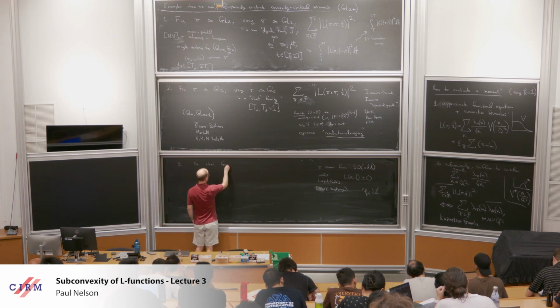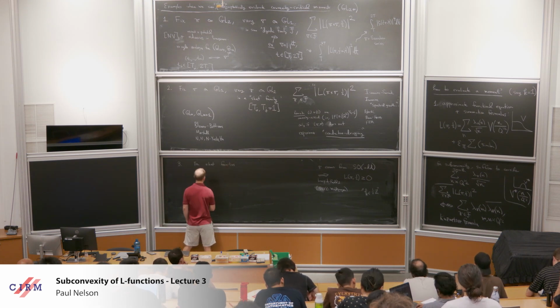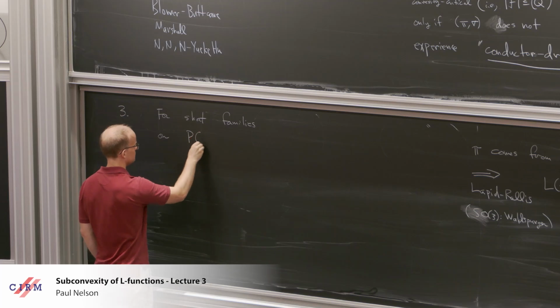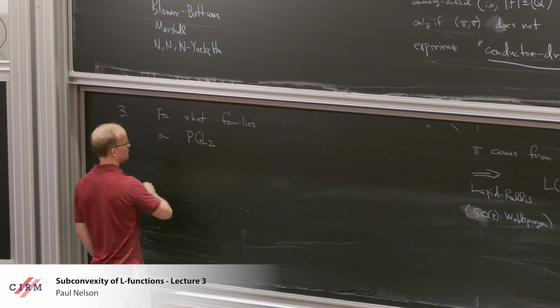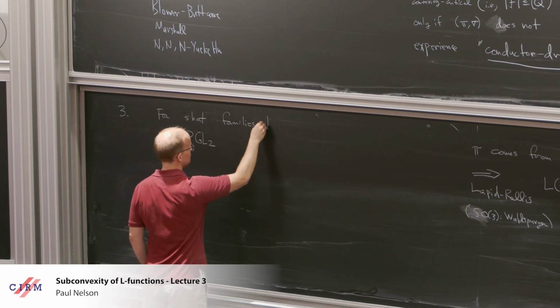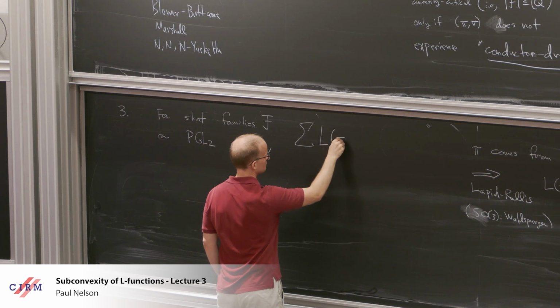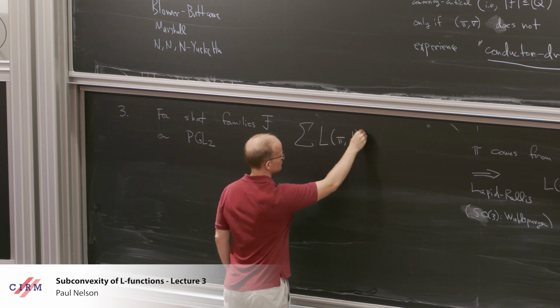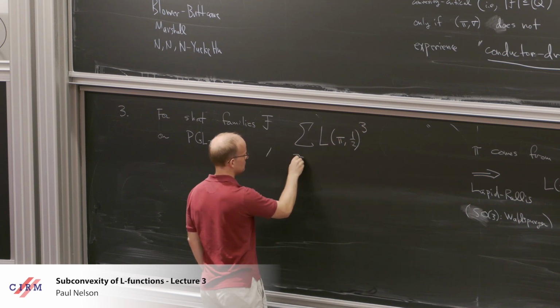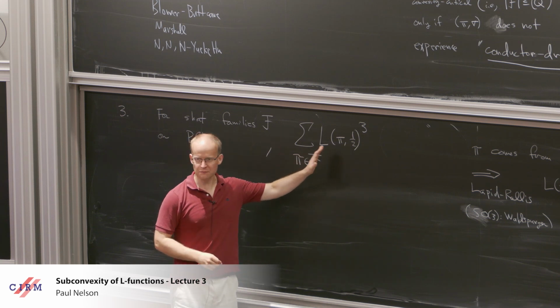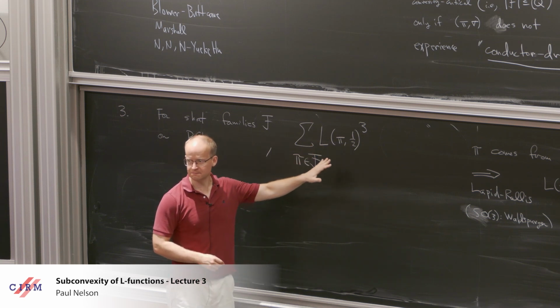So for short families on PGL2, say F, there are examples where we know how to estimate essentially sharply from above this moment here.